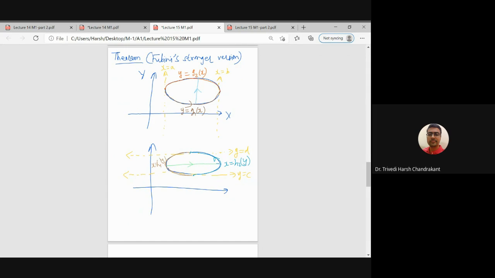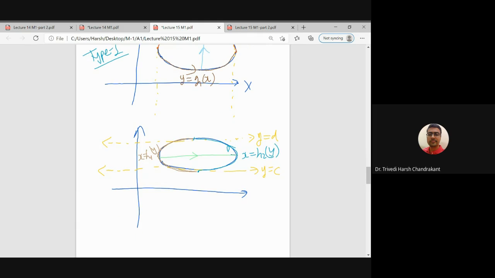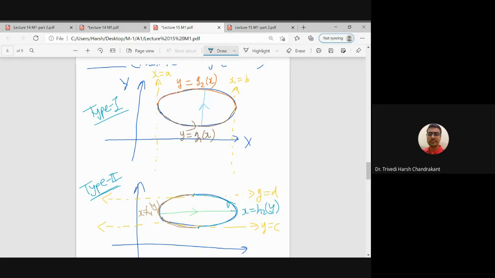Sometimes, depending on the question or the region, we need to choose y as a function of x or x as a function of y, and therefore we can divide the given region in either of these forms. The first form we can call type 1 for simplicity, and the second one type 2.